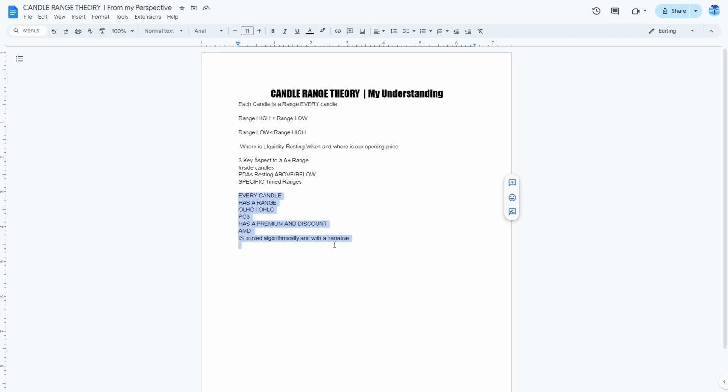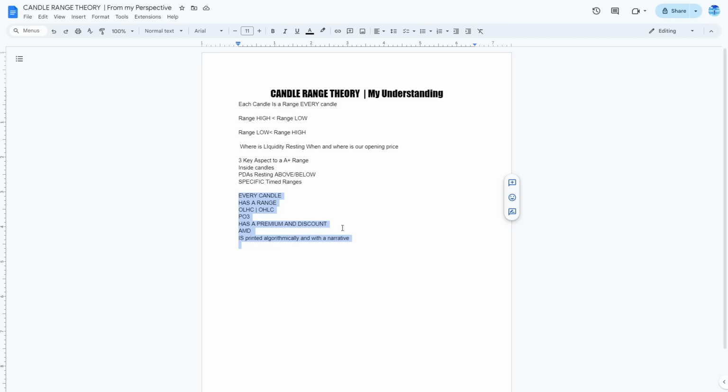Every candle has a range, a premium and a discount, an open, low, high, close, and an open, high, low, close. Each candle has its own power of 3, as well as AMD.